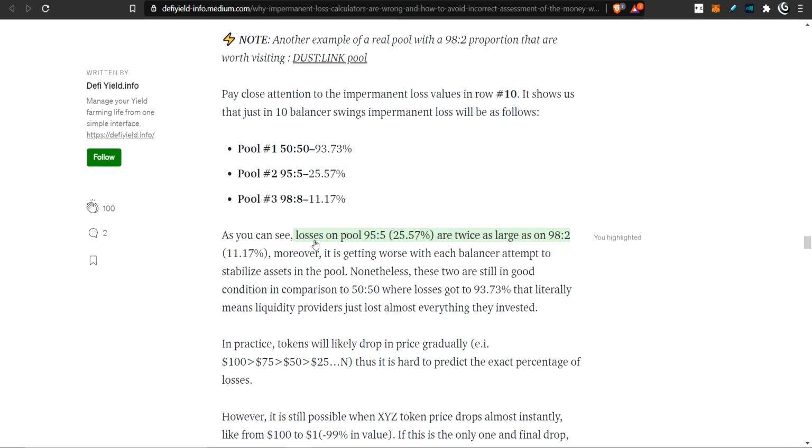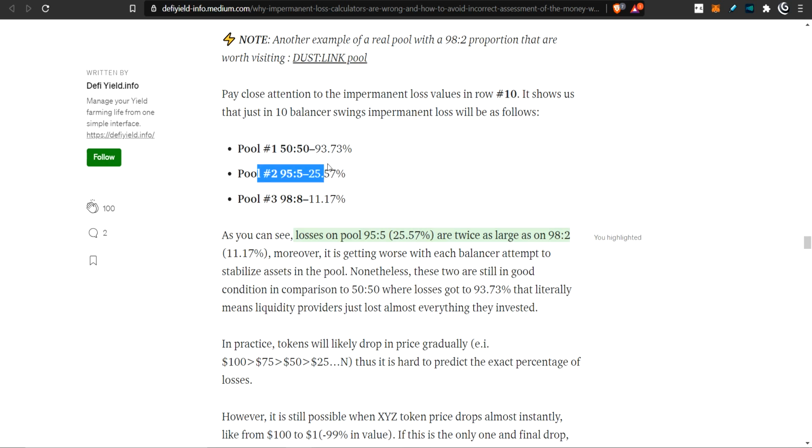So as you can see, the losses of the 95 to 5. If you take the comparison, the first pool was 95. At the end of 10 steps, at the end of 10 arbitrages, the pool had lost 25%. The 50-50 lost 93%, which is almost all of it, right? So almost all of the value is gone, because the value is gone from the token dropping and the other one buying it, right?